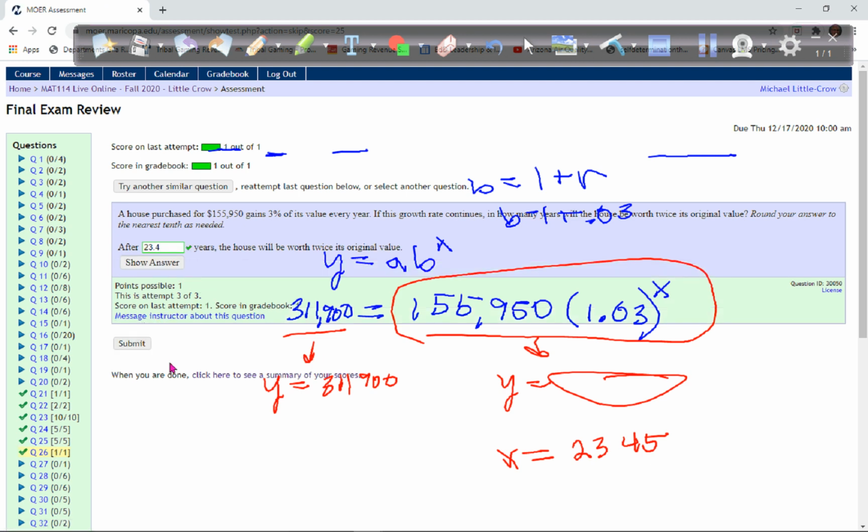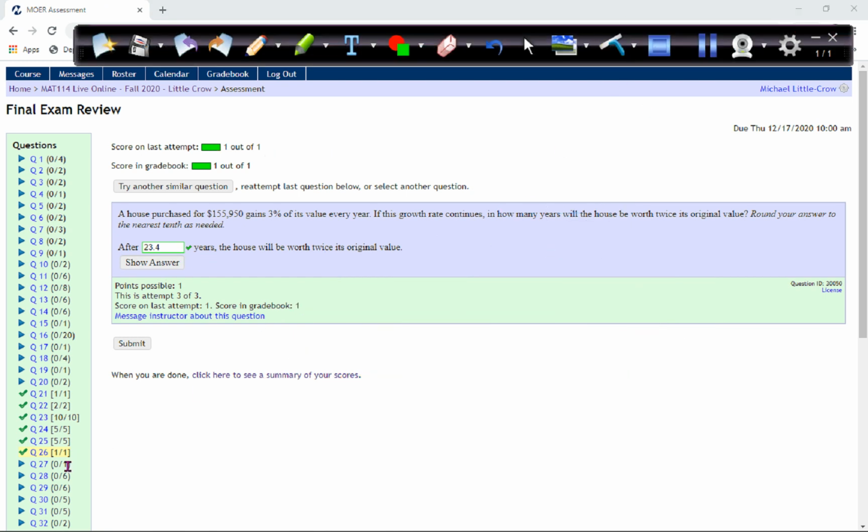That's strange. They didn't round it. Round your answer to the nearest tenth as needed. So we'll have to watch out for that. The rounded answer would really be 23.5. But good thing we checked, right? So I do check over those. But you can use that method.